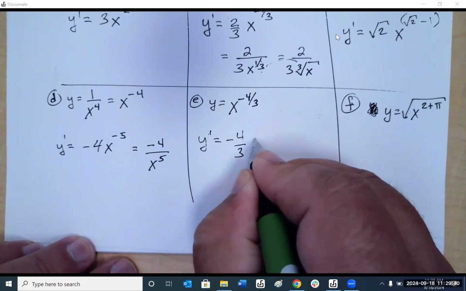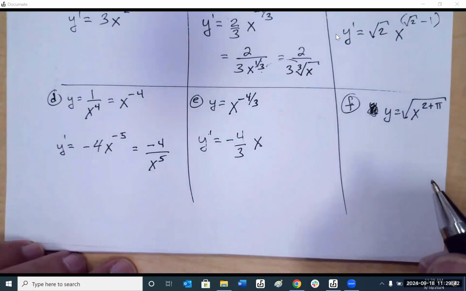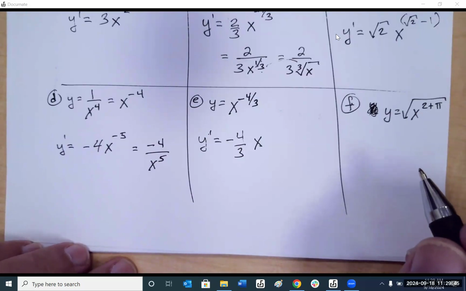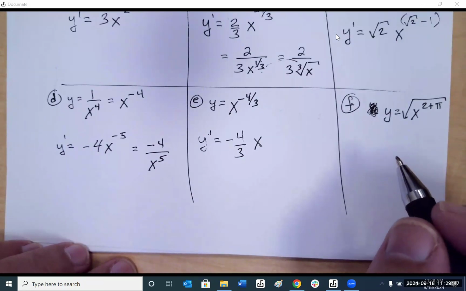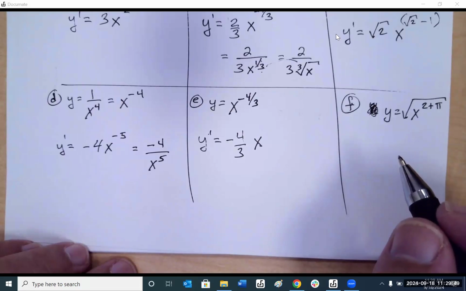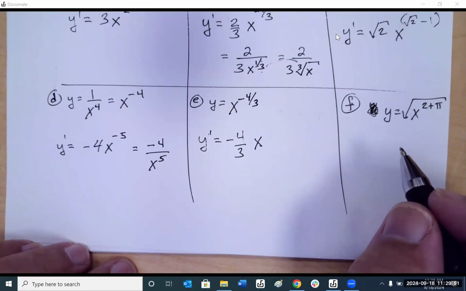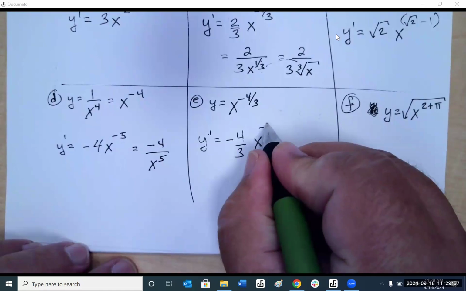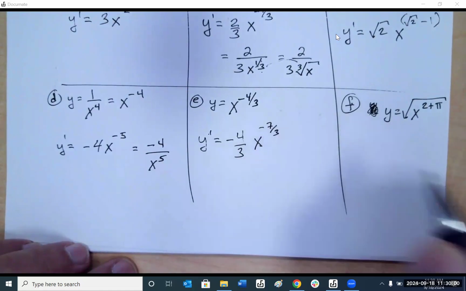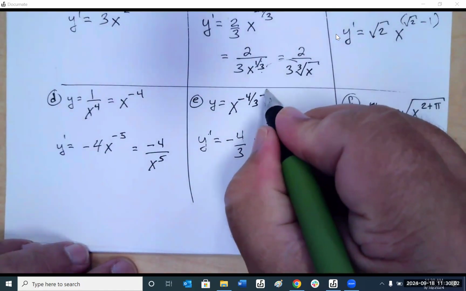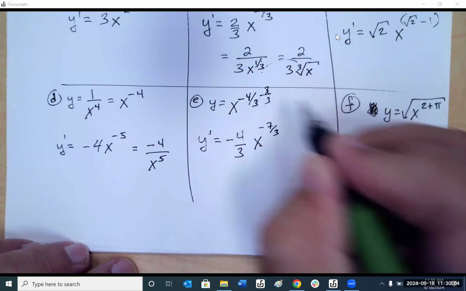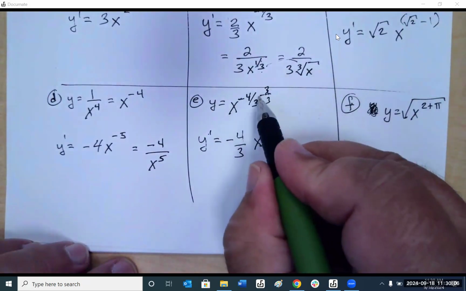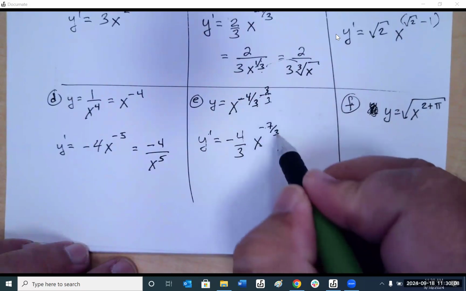Negative 4 over 3. Negative 7 over 3. Because when we take this one and subtract 1, which is 3 over 3, negative 4 minus 3 is negative 7 over the common denominator.